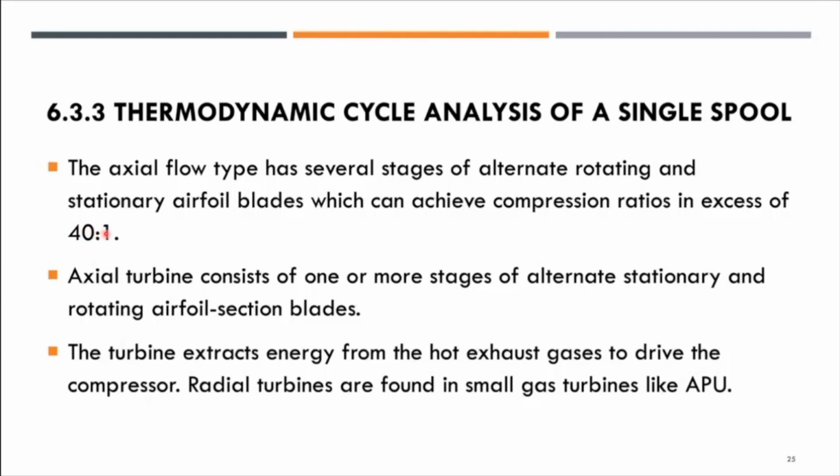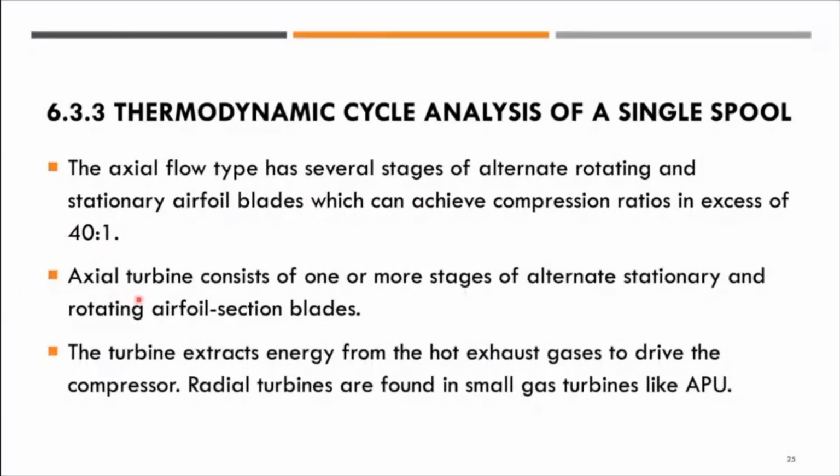So basically in the compressor, there are rotors attached to the compressor. We have rotor and stator blades, and normally it can go up to a 40 or more to 1 ratio.